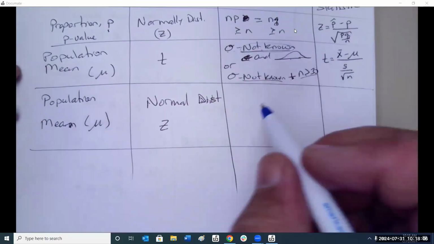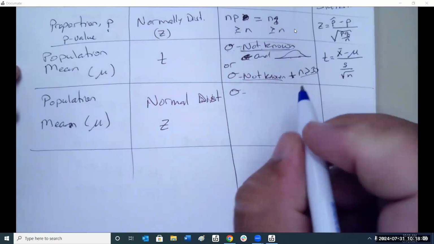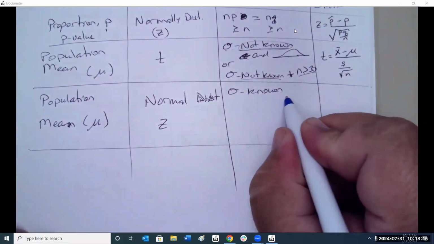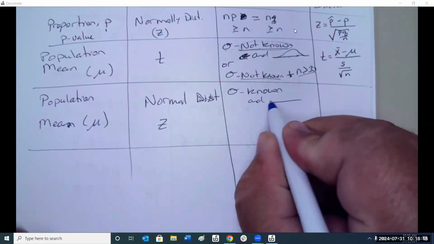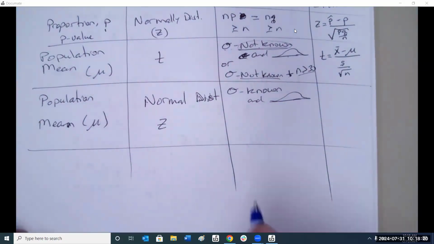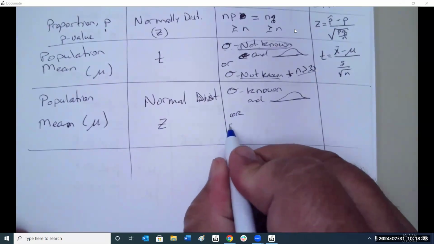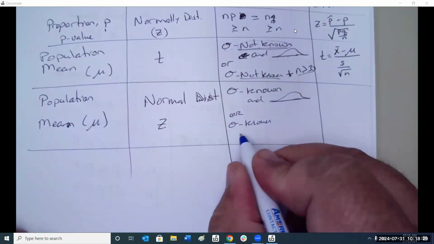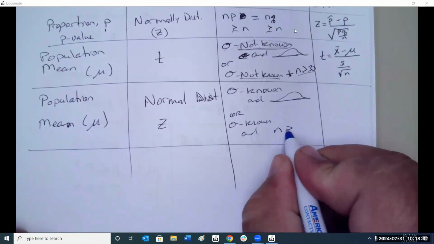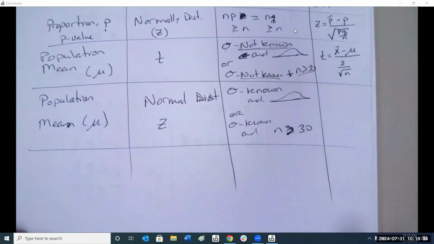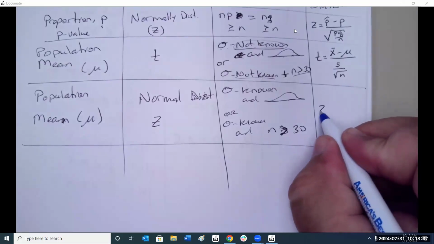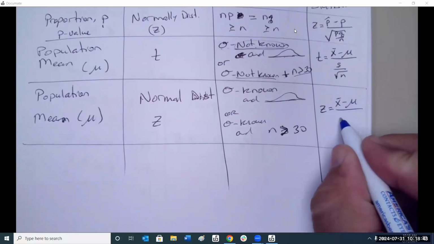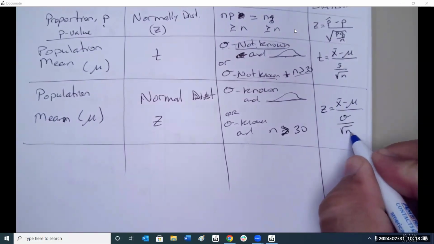The difference between the z and t is that in the z, the population deviation is known and normally distributed, or the population deviation is known and n is greater than 30. So if that's the case, then we use our z-score. X bar minus the mu.